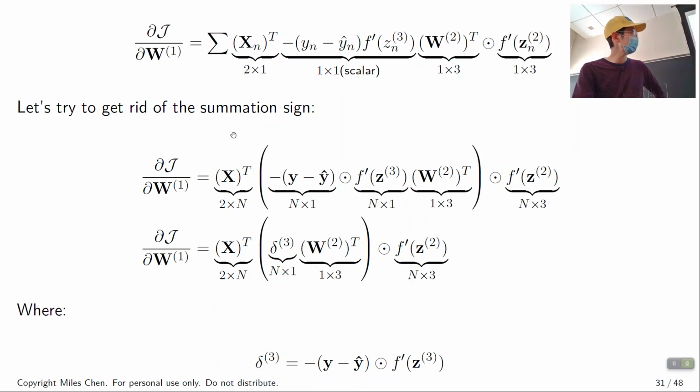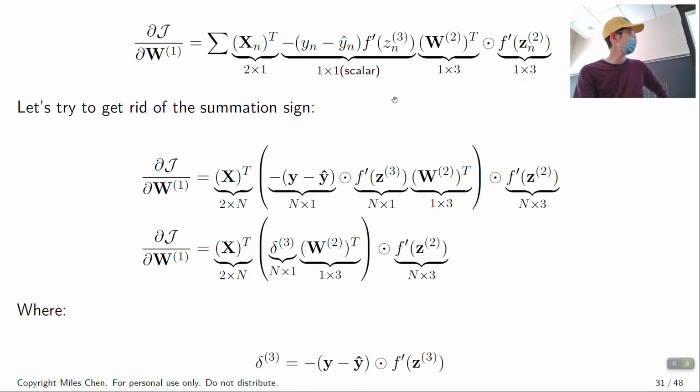x is an n by 2, so x transpose will be a 2 by n. If we take the full matrix here, each of these things will be n by 1. So I'm going to have to do some element-wise multiplication here. This remains 1 by 3 here. And this thing, when I expand it, taking the full matrix Z rather than just the nth observation, becomes an n by 3 matrix.